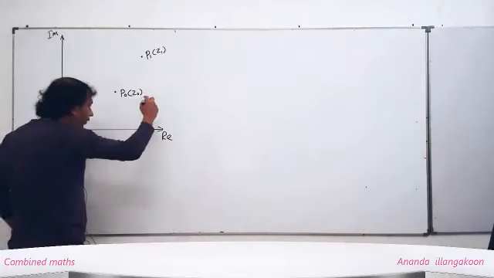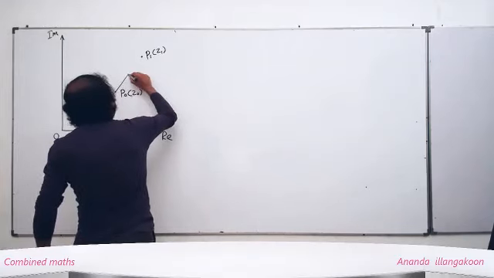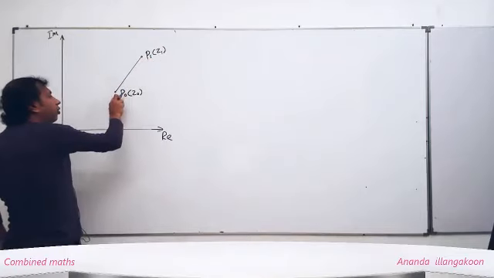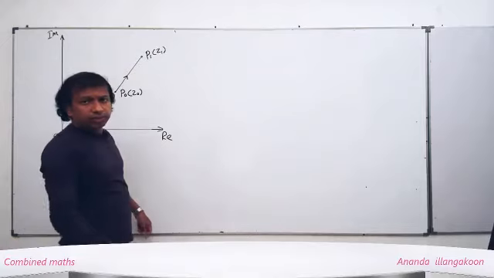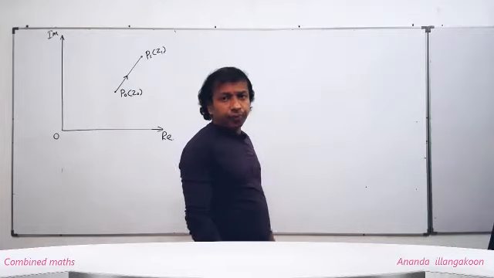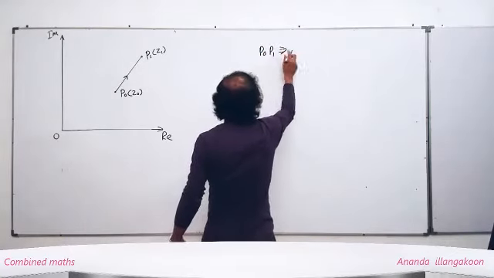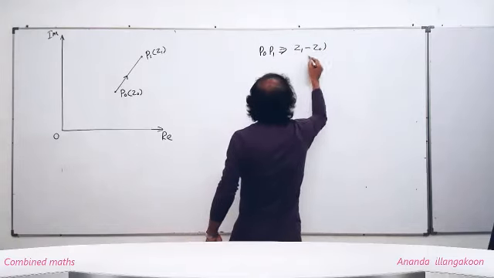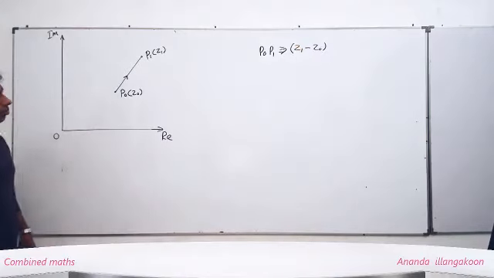Now, when I join P0 and P1 this way, with the arrow from P0 to P1, what complex number does the line segment P0P1 represent? Ending point complex number minus starting point complex number. So P0P1 represents Z1 minus Z0.